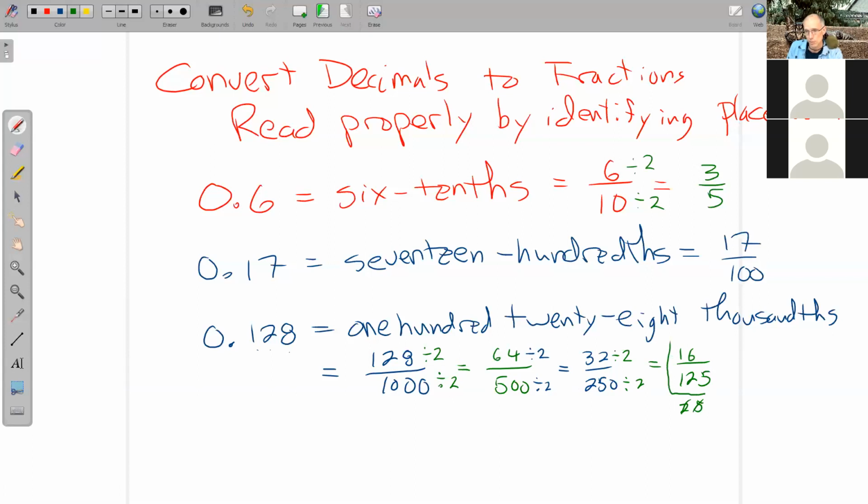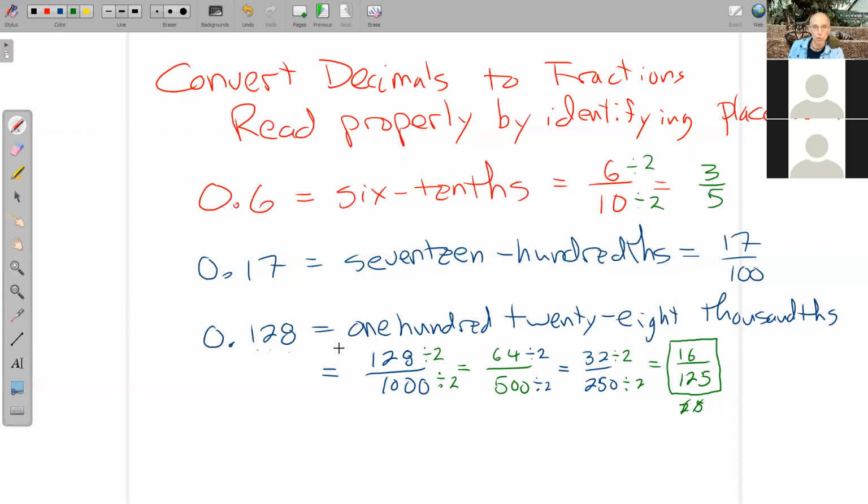This is reduced. Remember, we have tricks to tell when we're done looking. The last thing to check was, does 16 go into 125? I don't know. I would have to check by actually doing long division or with a calculator, but I'm 99% sure it does not. So that would be the reduced answer there.